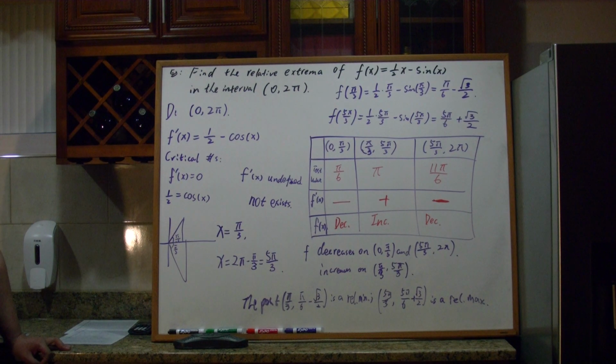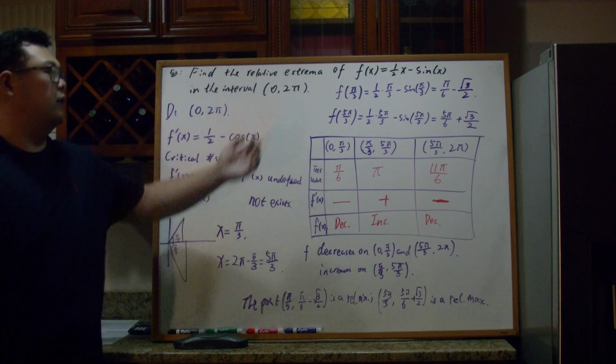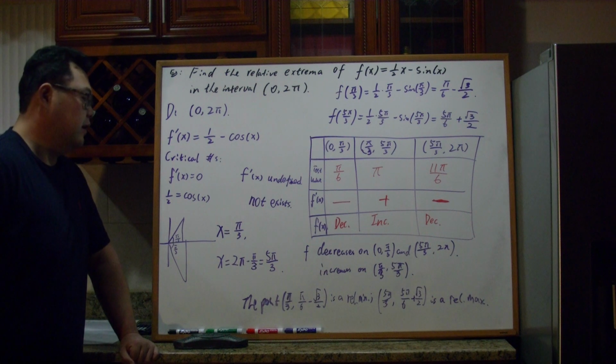Right, so that is the way how we determine the monotonicity and the relative extrema, right? The increase-decrease interval of the f of x, if we're given the interval from 0 to 2 pi of this function.